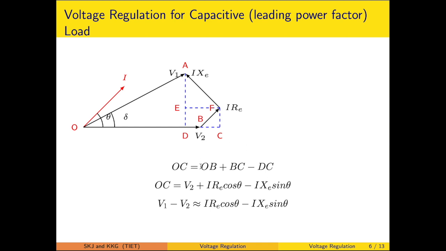Similarly, going by the same analogy, we will be calculating the OC as an approximation to find OA. This gives us the value V2 plus I RE cosine theta minus I XE sine theta. This difference is approximated like this. So in the leading power factor, the negative sign arises.